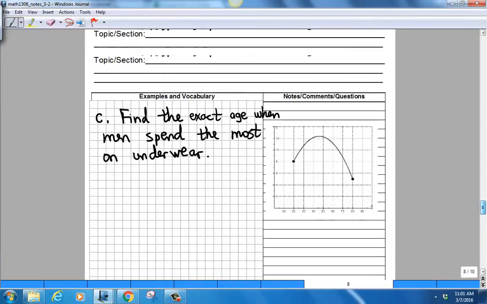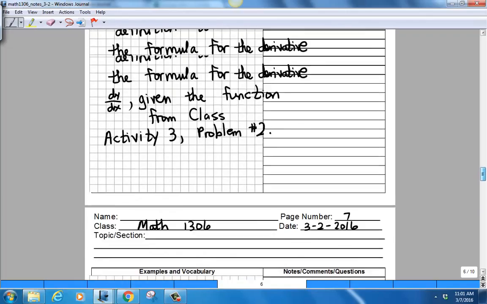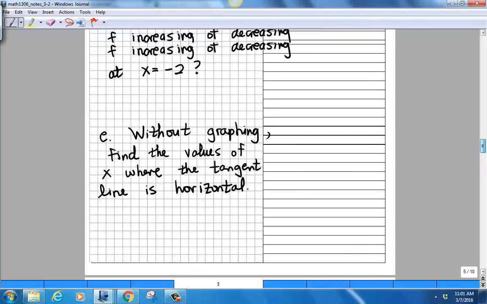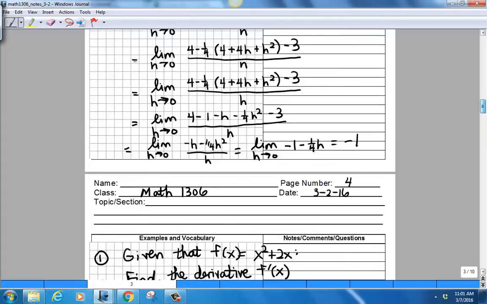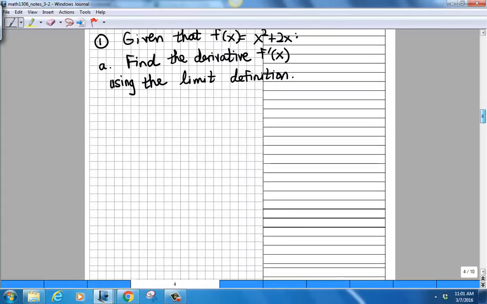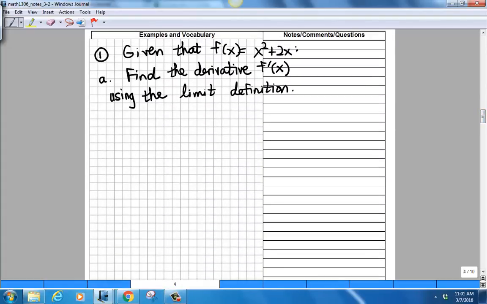But again, this is where we can take advantage of algebra. Actually, what we can do is find a formula that will give us the instantaneous rate of change for any input, all right?